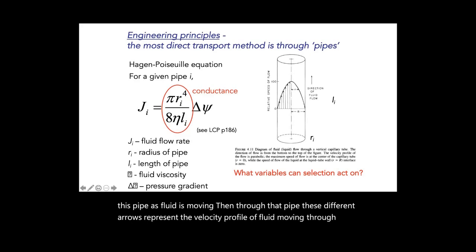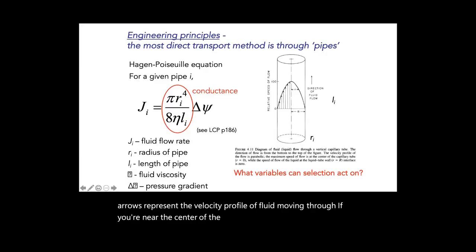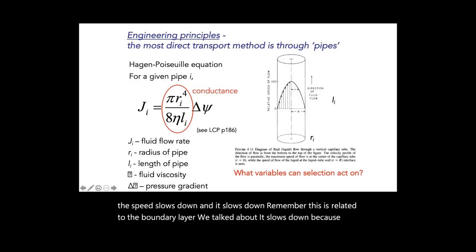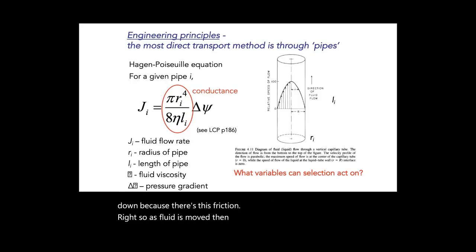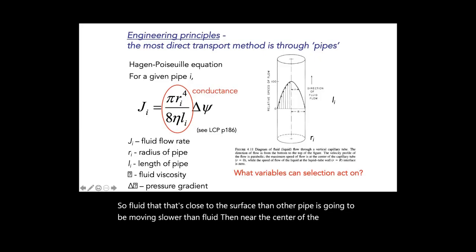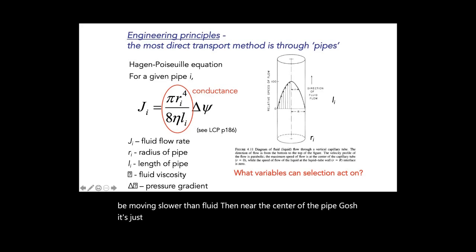If you're near the center of the pipe, the speed at which fluid is moving is fast, but then as you move out to the surfaces, the speed slows down. And remember, this is related to the boundary layer we talked about. It slows down because there's this friction, right? So as fluid is moving across the surface, it slows down. So fluid close to the surface of the pipe is going to be moving slower than fluid near the center of the pipe. Gosh, it's just hydraulics. Okay.